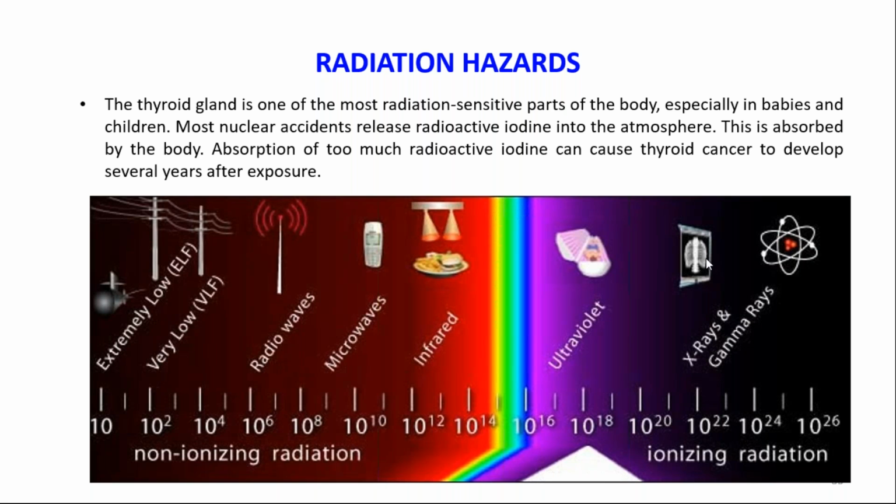X-ray machines produce these X-rays, but nowadays digital X-ray machines are provided in sophisticated hospitals, which reduces the X-ray radiation. Then 10 raised to 24 to 10 raised to 26 is the range. So there are different ranges and different sources of these radiation hazards.